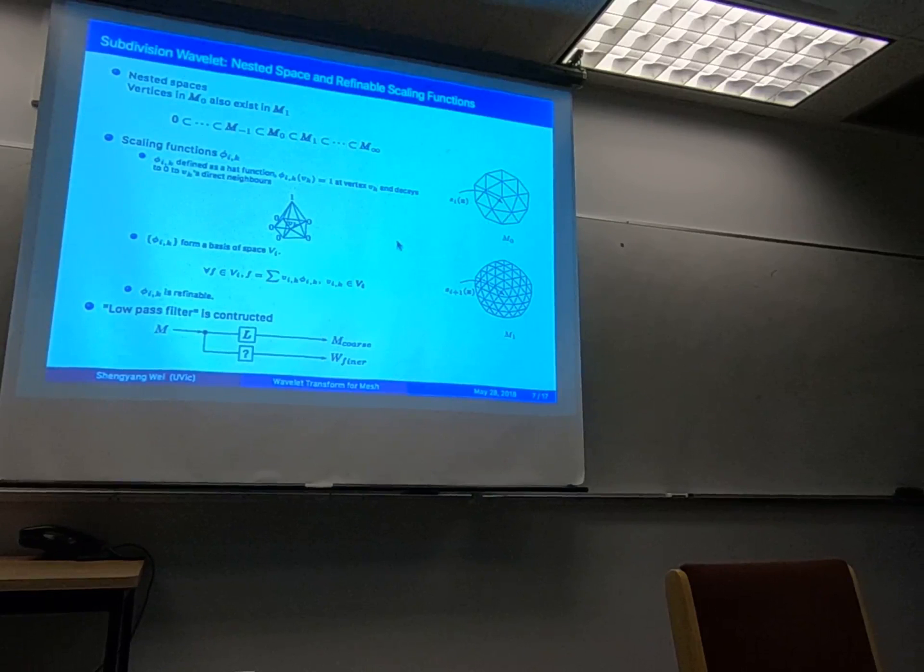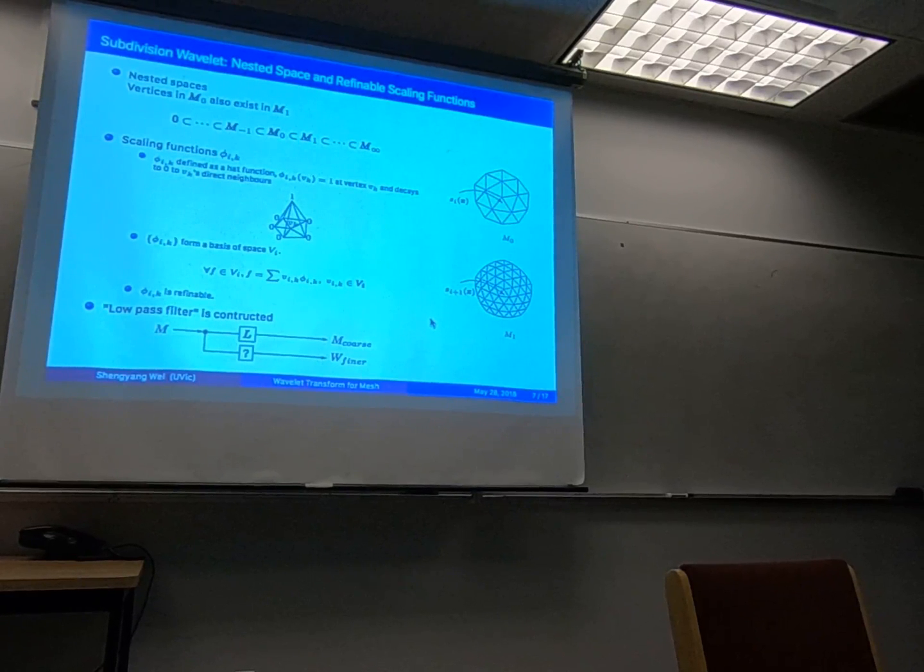And the scaling function is refinable, but since it requires a long proof, I would skip it here. Just keep in mind it's refinable. Okay, until now the low-pass filter is constructed similar to the traditional case. So the scaling function plays the role of the low-pass filter.